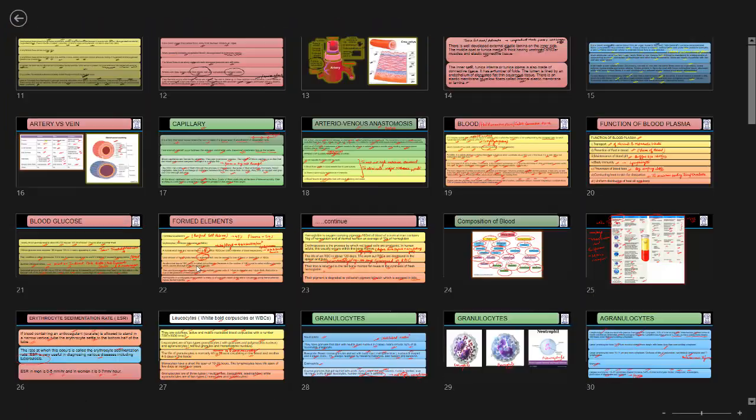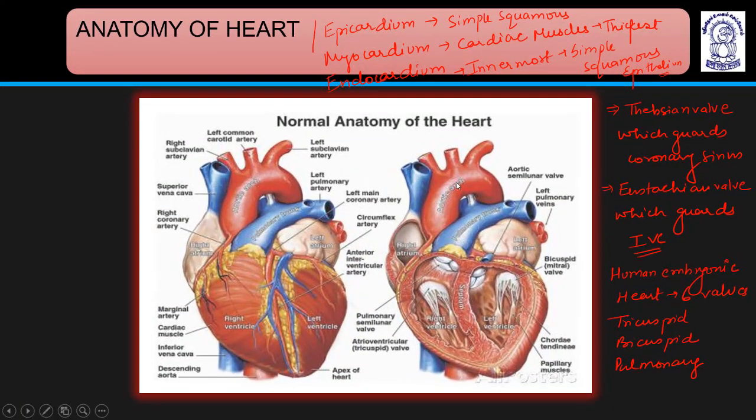So in the human embryonic heart there are six valves: tricuspid, bicuspid, pulmonary semilunar, aortic semilunar, then the Thebesian and Eustachian valves.